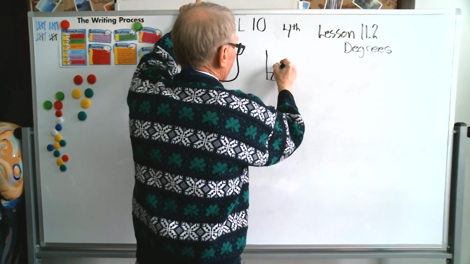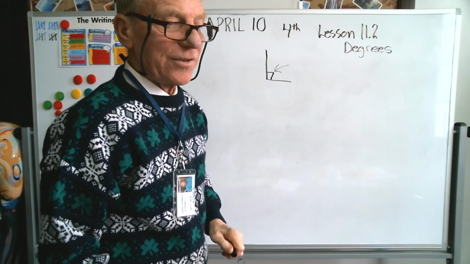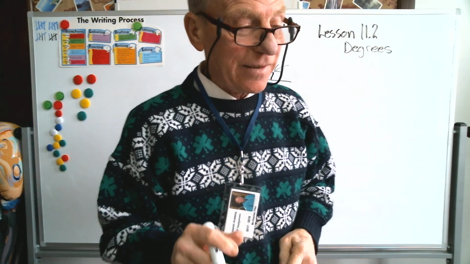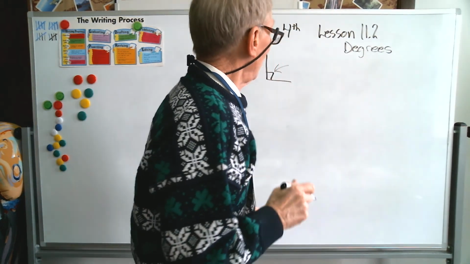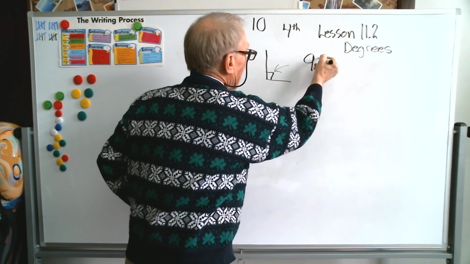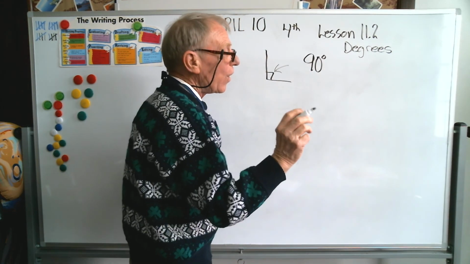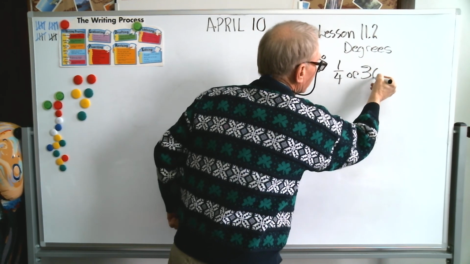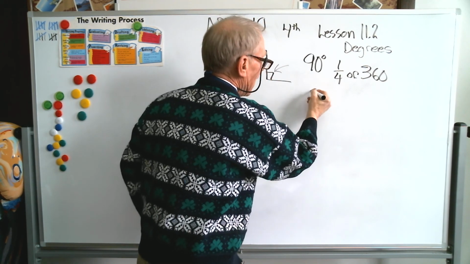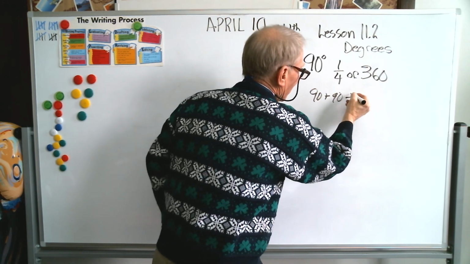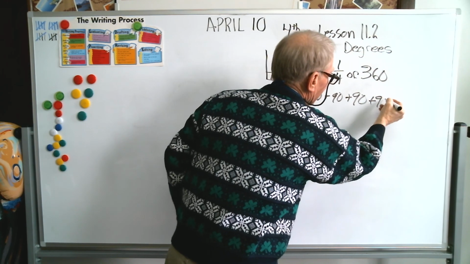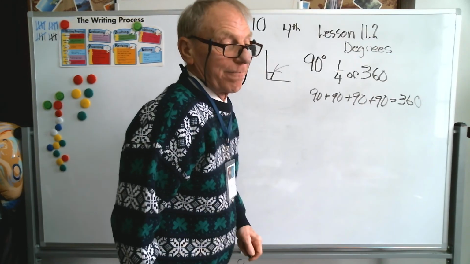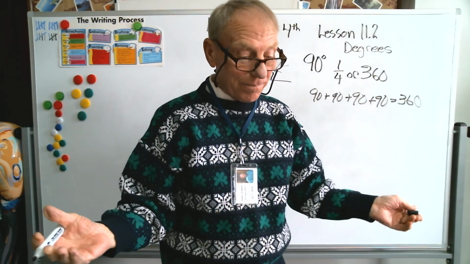And this little box in the corner there is a symbol that always denotes the fact that that angle is a right angle, and a right angle is always 90 degrees, or 1/4 of the 360 degrees, right? 90 plus 90 plus 90 plus 90 equals 360. It's all mathematical.